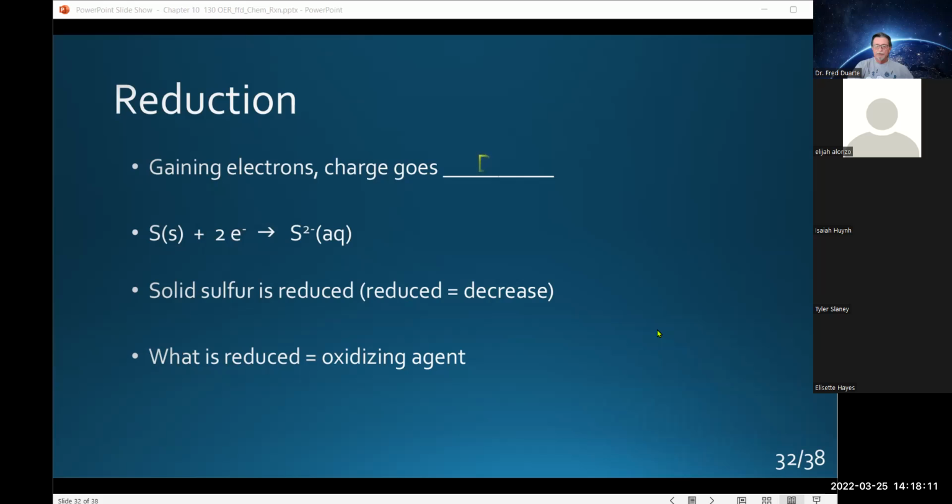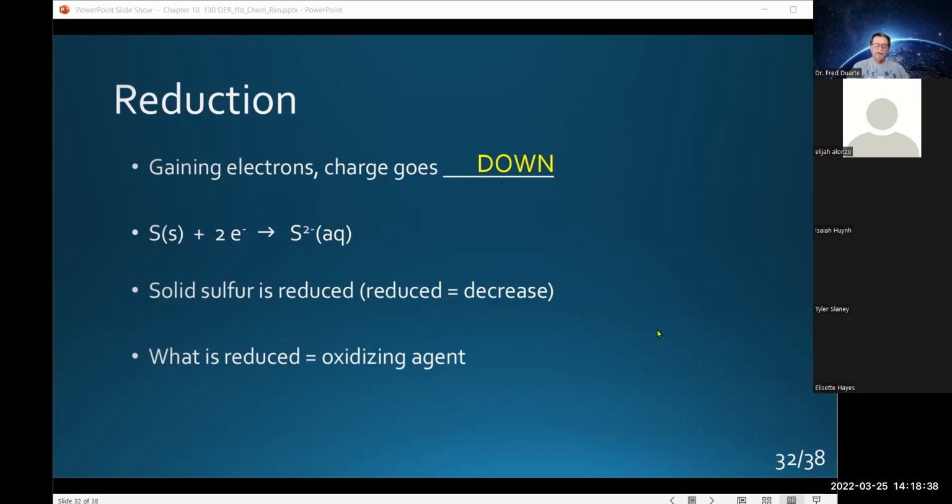Reduction is the gain of electrons, and therefore the charge or oxidation number drops. So if you're at 0, for example, and you gain electrons, let's say you gain 1, now you are at -1. So in that sense, the charge drops down with respect to its value, right, to -1. Sulfur picks up 2 electrons and it becomes sulfide, okay?